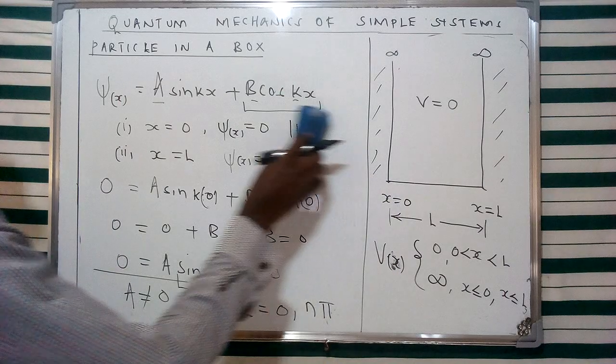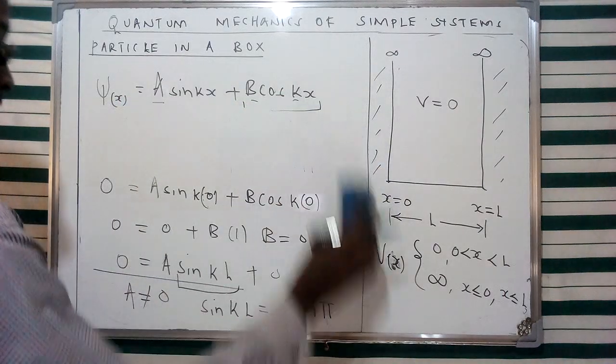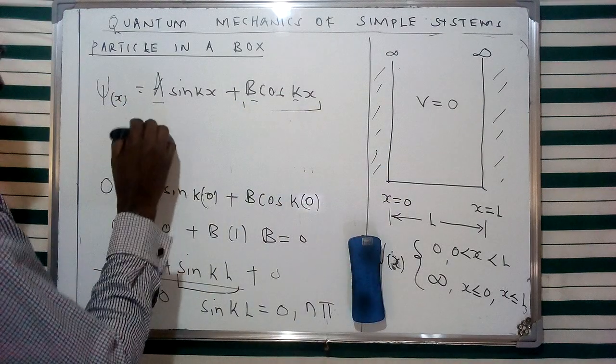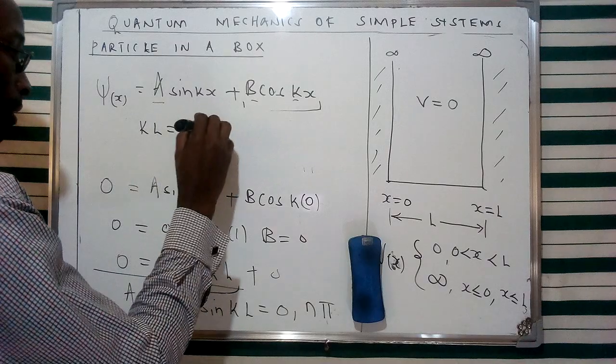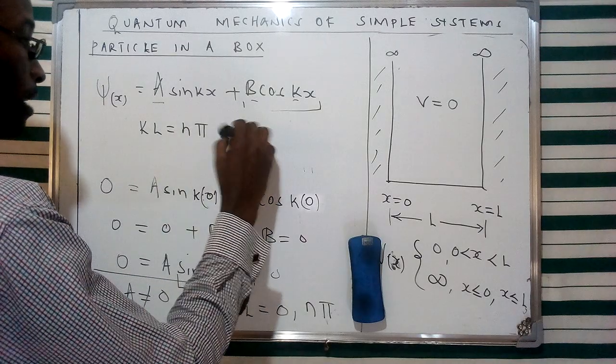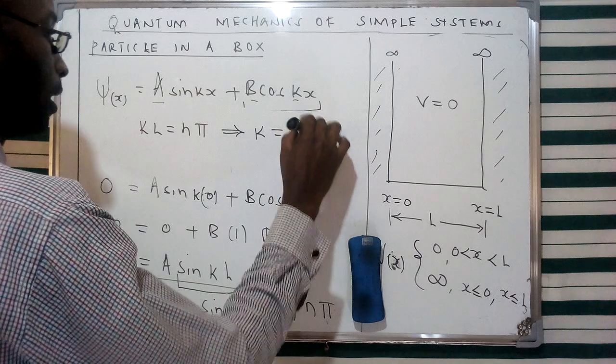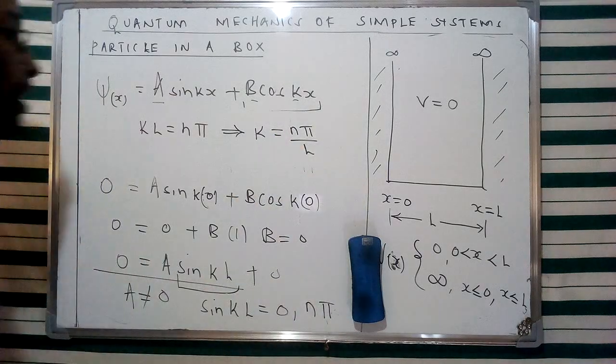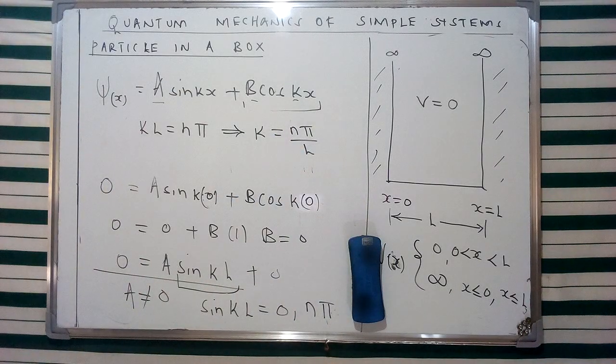And therefore, we're going to have kL equivalent to n pi, implying the value for k is equivalent to n pi over L. So this is going to give us a general equation which represents the probability of this particle in a one-dimension box given in terms of the sine function.